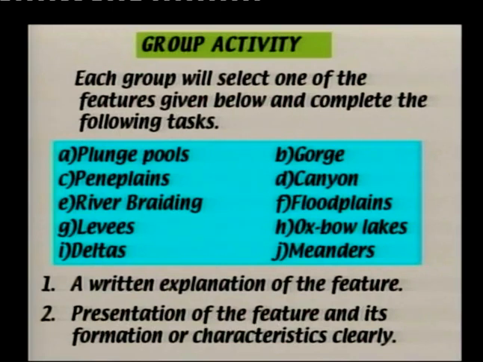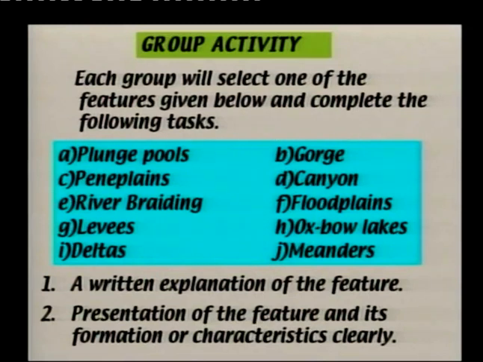Whichever word you get to work on in your group, you will be required to explain or define that particular feature. That's number 1. Number 2, you are going to present the feature that you will be given, and your presentation should include putting that feature on a chart so that the other students are also able to know how that particular feature is formed.